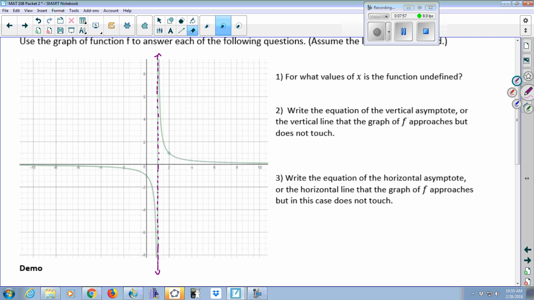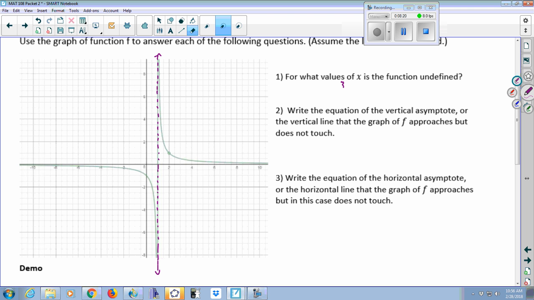And I asked you to make this vertical line through x equals 1 as a dotted line, meaning that the graph does not ever cross that line, this particular vertical line. It gets really close to it. And I asked you for what values of x, hopefully you saw the plural there, some of you missed it, is this function undefined?